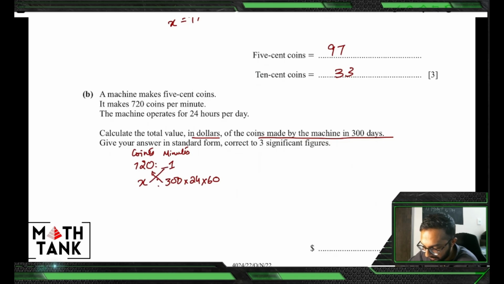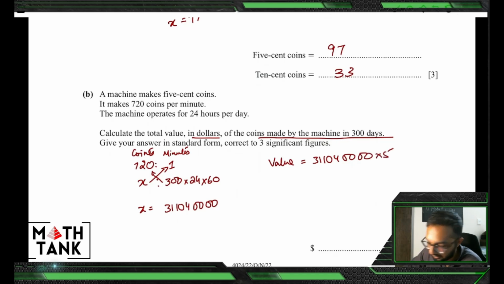You multiply, and you get 311040000. That's the number of coins. So again, the value should be multiplied by 5. 311040000 multiplied by 5, so that answer is in cents.